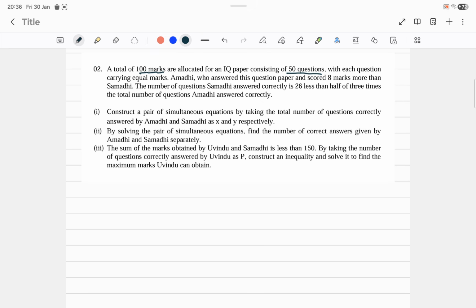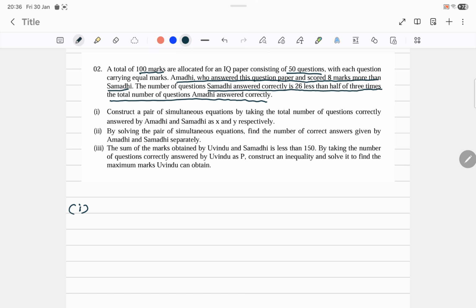Amadi, who answered this question paper, scored 8 more marks than Samadhi. The number of questions Samadhi answered correctly is 26 less than half of 3 times the total number of questions Amadi answered correctly.